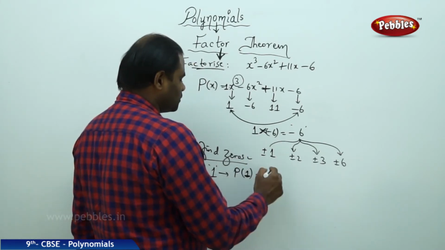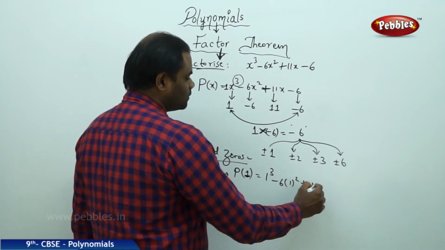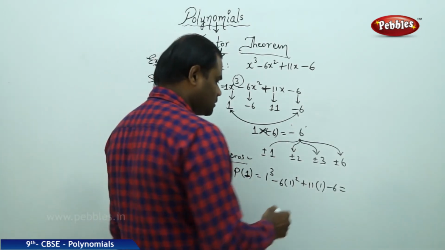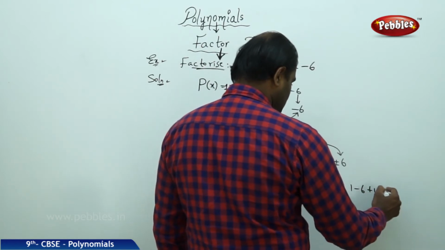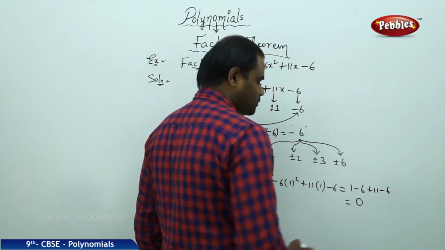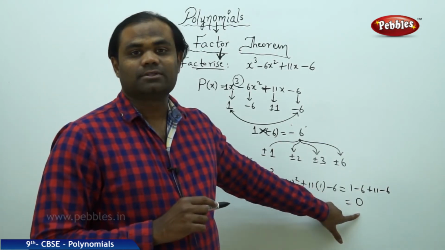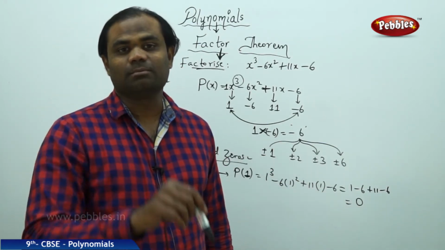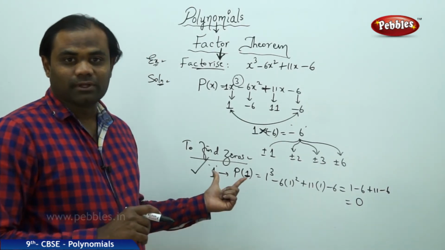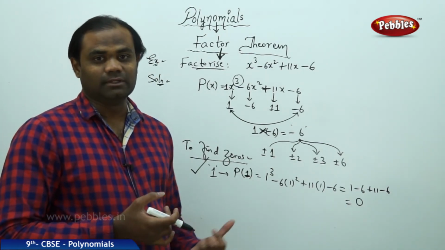When 1 is substituted, I get 1 cubed minus 6 times 1 squared plus 11 times 1 minus 6, which on simplification gives 1 minus 6 plus 11 minus 6, which gives 12 minus 12, which is 0. Therefore, 1 is a zero of the polynomial because it gives the value 0 when substituted in the polynomial. So one of the zeros identified here is x equal to 1.